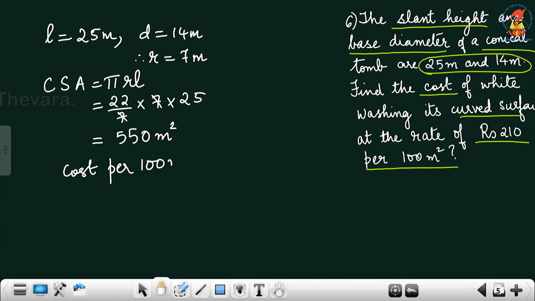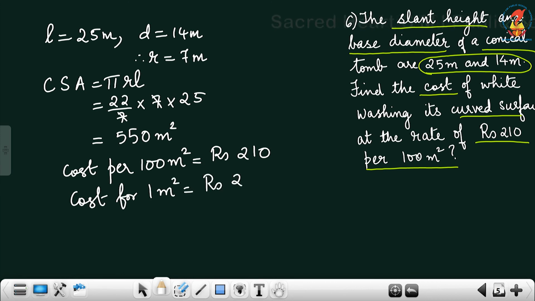Then cost per 100 meter square is equal to rupees 210. Therefore, cost for 1 meter square will be rupees 210 by 100. 0 and 0 gets cancelled. It will be rupees 2.1. But how many meters square are we having?